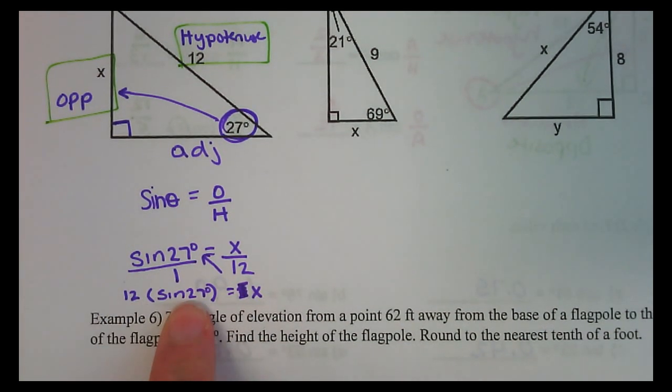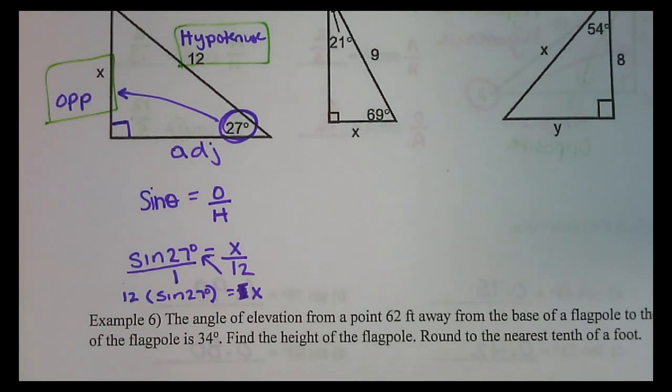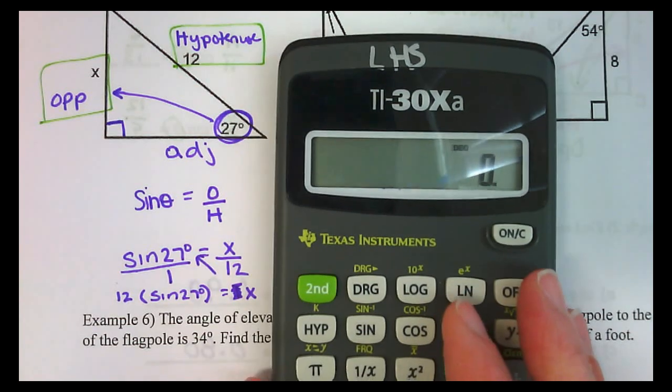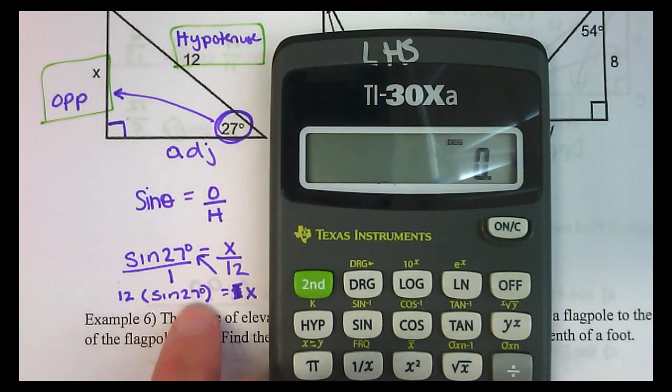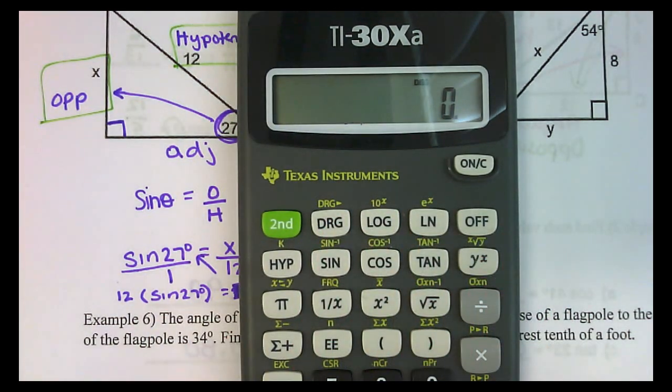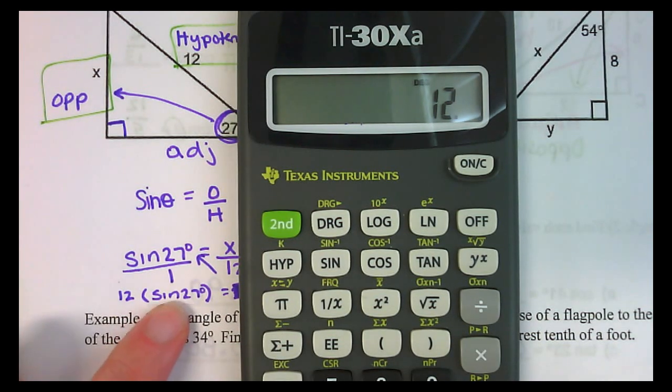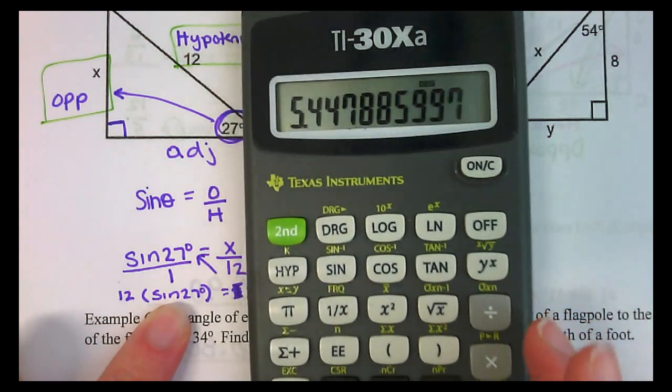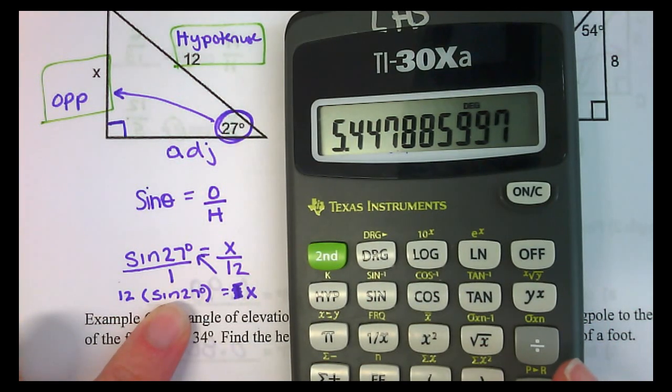Now I have 12 times the sine of 27. Now, in this calculator, I have to remember that I type things in the opposite order. So if I hit 12 times, then I'm going to hit 27 sine, and then equals. And I get 5.45.